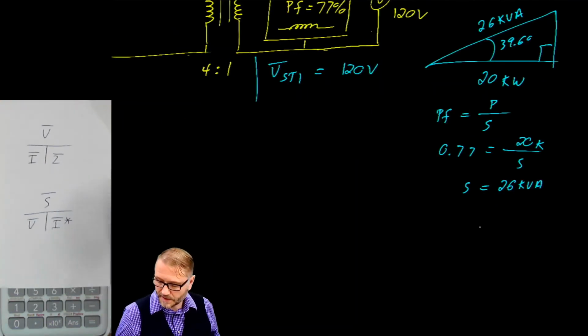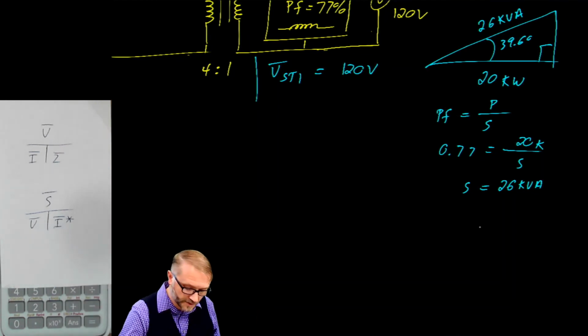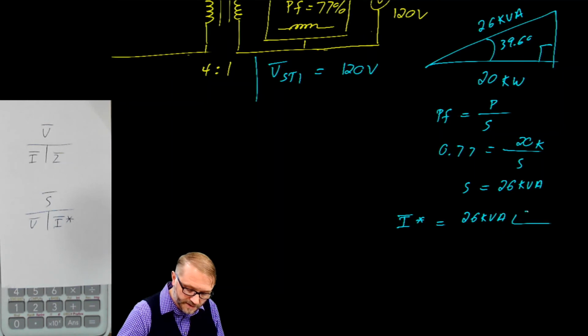The complex conjugate of our current will be complex power divided by voltage. So complex conjugate of current is 26 kVA at an angle of 39.6 over 120.